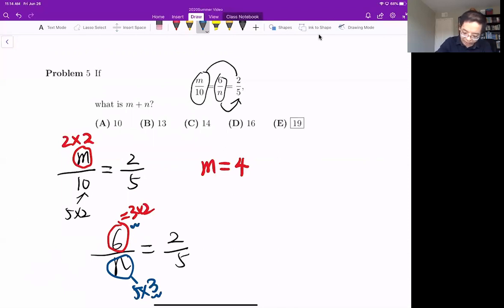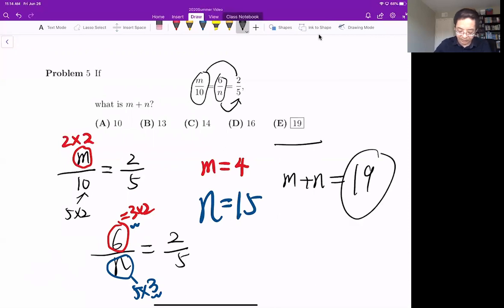So we get n equals 15, and this tells us n plus n equals 19. This one is about simplification of fractions.